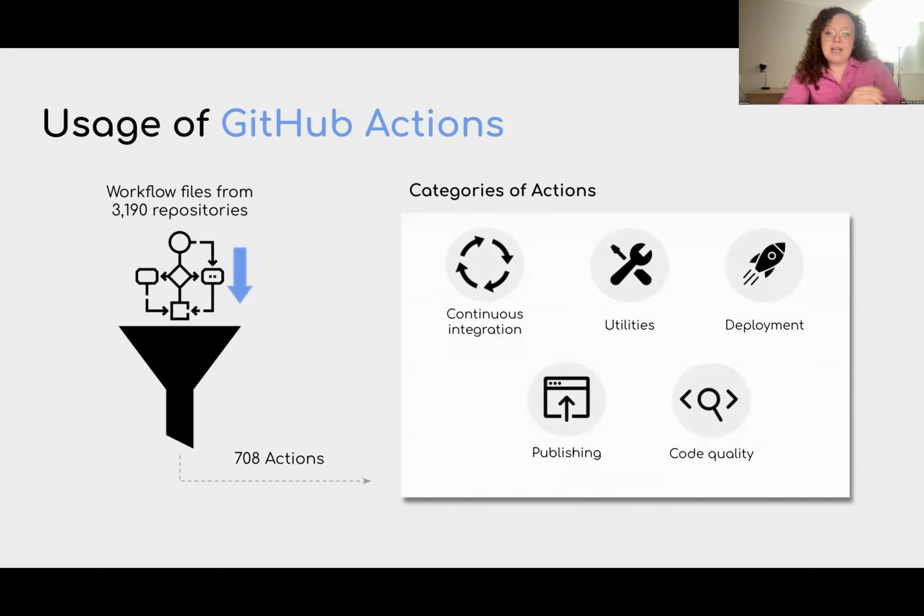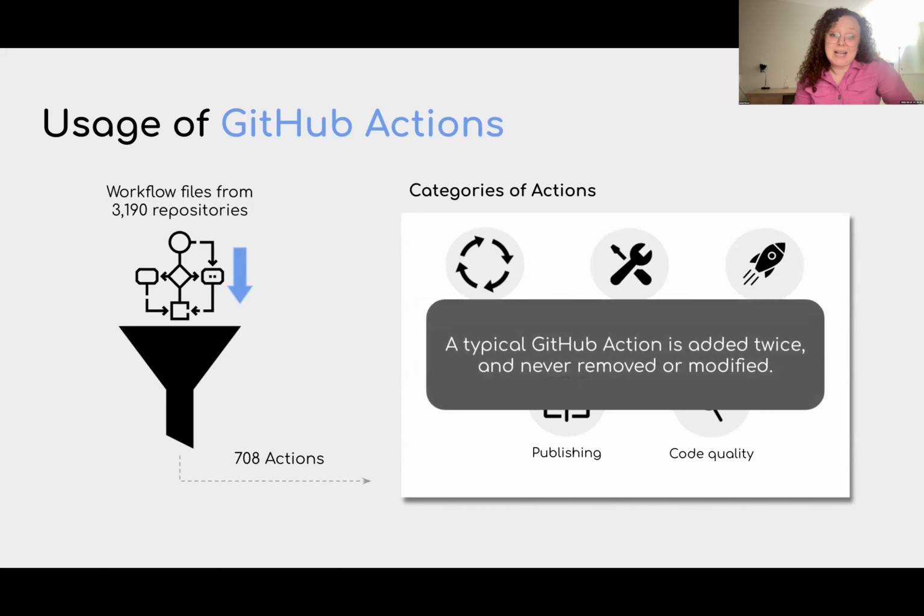These actions are spread across 20 categories, and the most common ones are continuous integration actions, utilities, deployment, publishing, and code quality. We also found that a typical action is added twice and never removed or modified, which means that almost nobody revisits this configuration and this decision. Once you include the action, almost nobody revisits it.